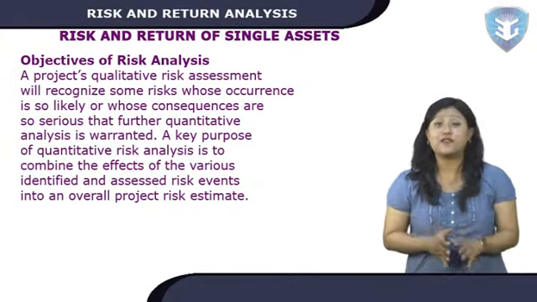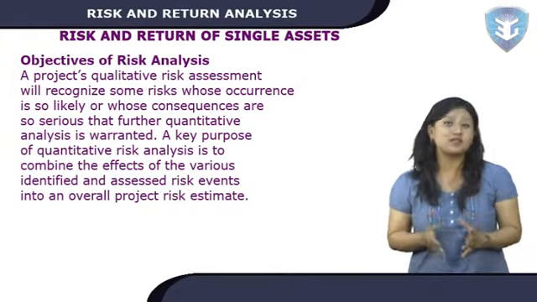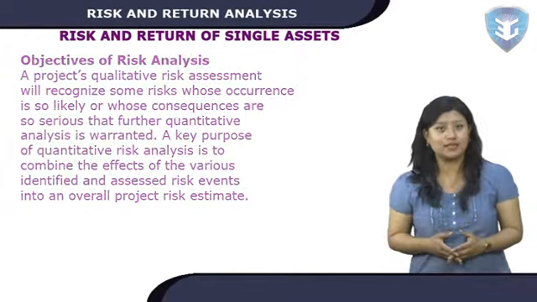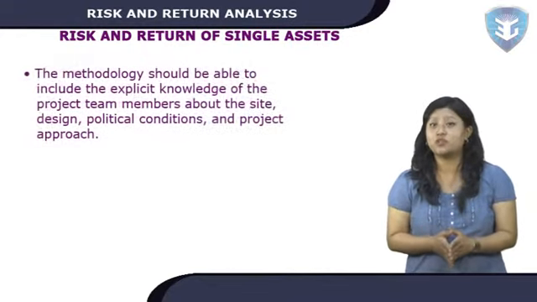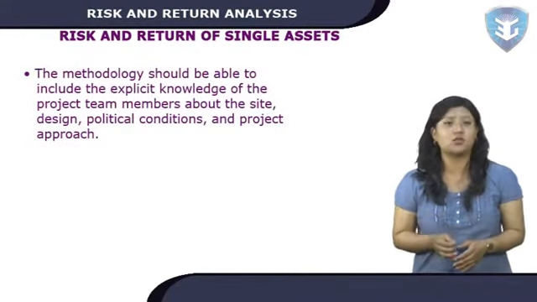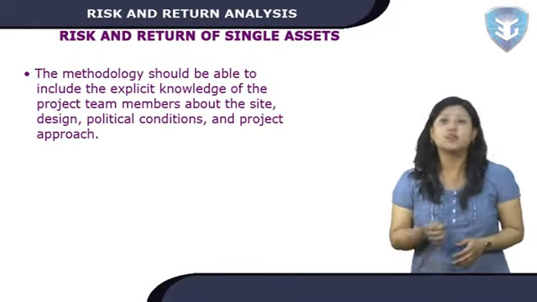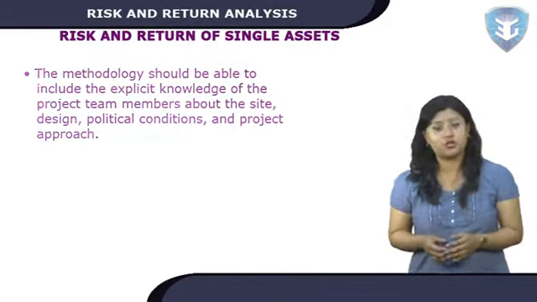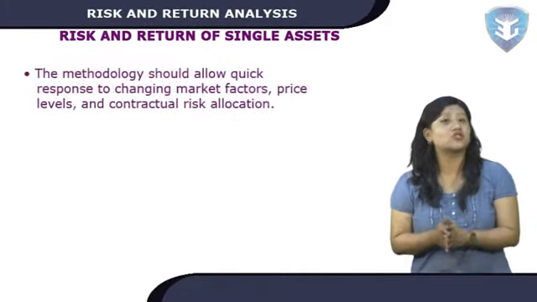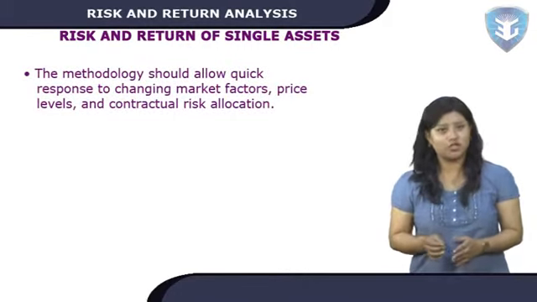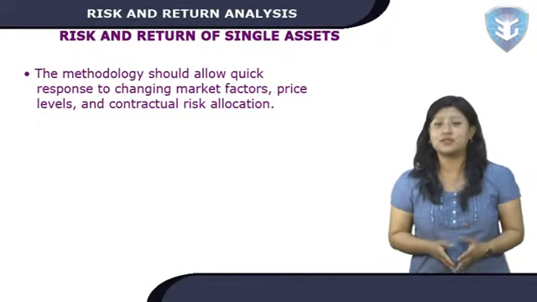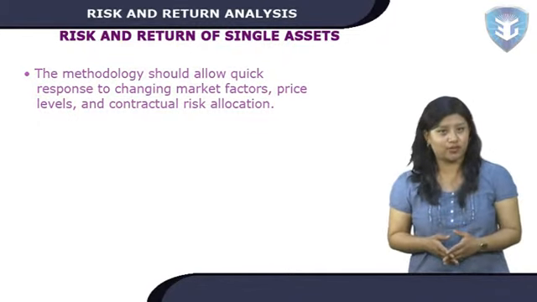There are at least 5 criteria to help select a suitable quantitative risk technique. The methodology should be able to include the explicit knowledge of the project team members about the site, the design, political conditions, and project approach. The methodology should allow quick response to changing market factors, price levels, and contractual risk allocation.